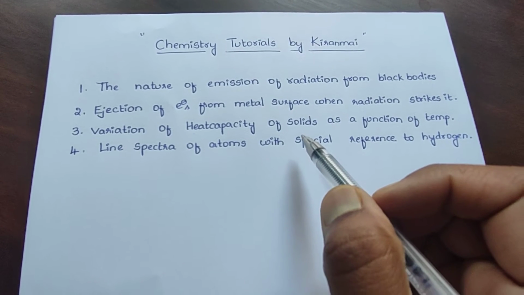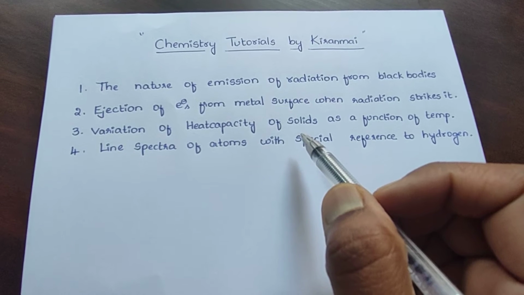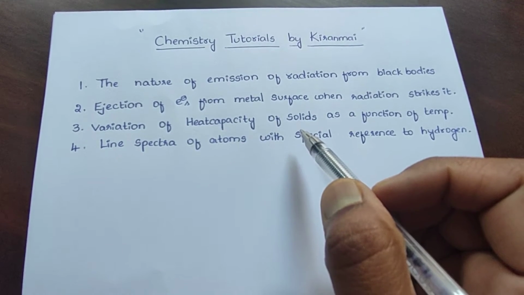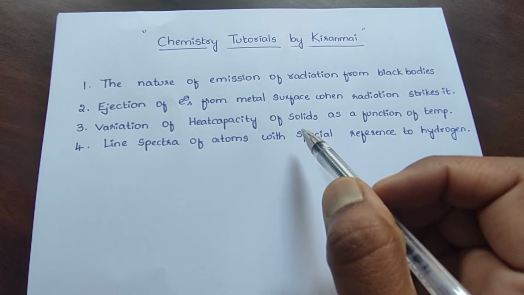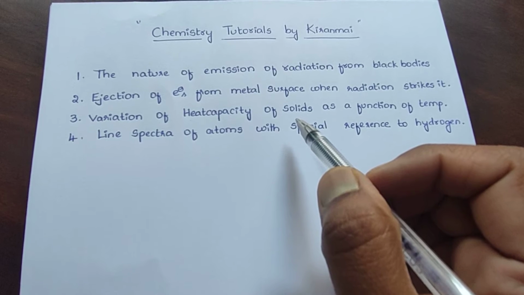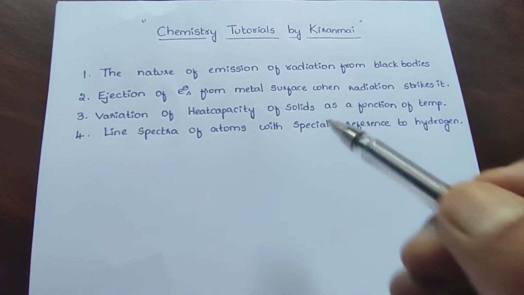In the last video, we discussed phenomena like diffraction and interference, which were explained by the wave nature of electromagnetic radiation. In today's class, we are discussing the particle nature of electromagnetic radiation.